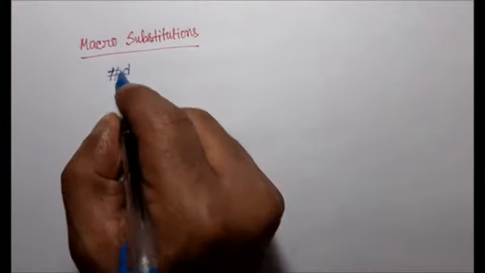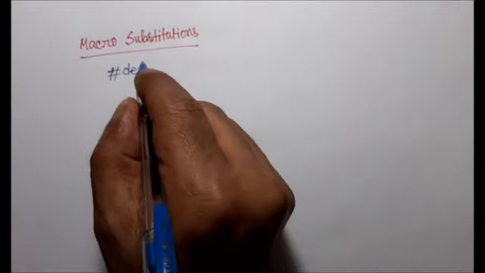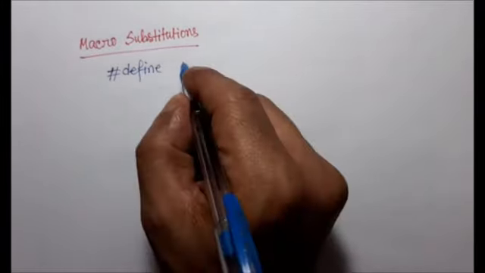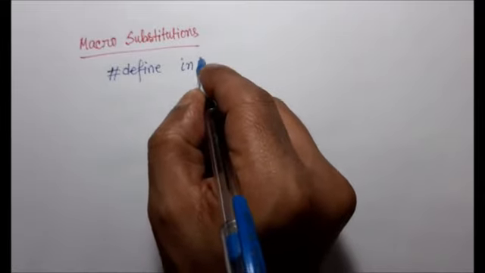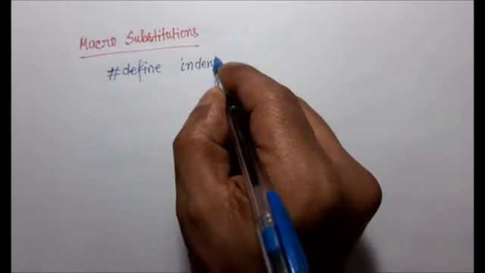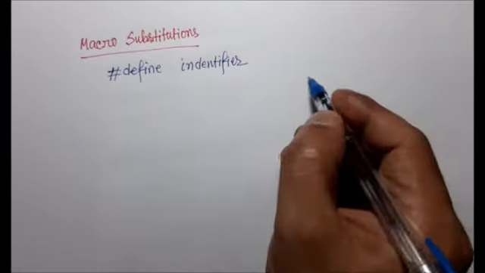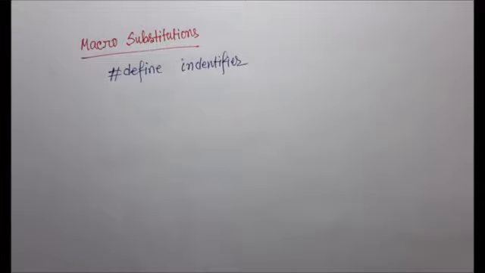So first we have to use the starting symbol, that is hash, then we write define, then there is a space between define and the identifier. After that we use any constant or any expression.